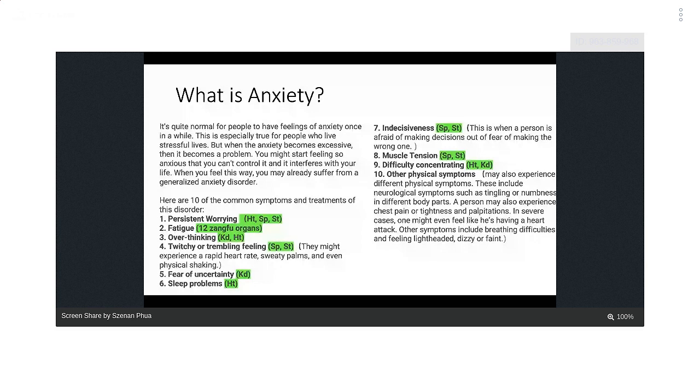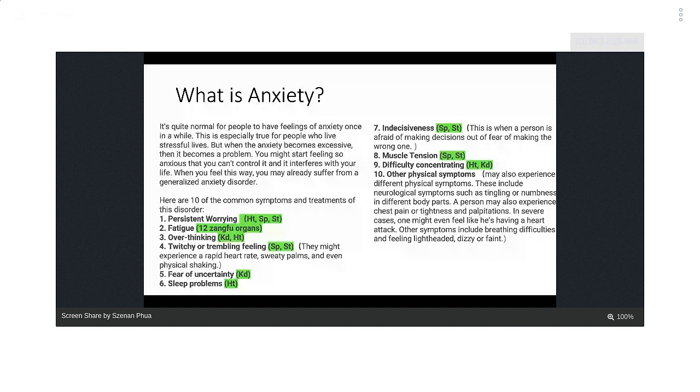Fear of uncertainty. They start to feel scared and not quite sure about things that haven't even happened, and they start to think, oh, okay, I worry about this may happen, what's going on, start to worry, and then start to feel uncertainty.